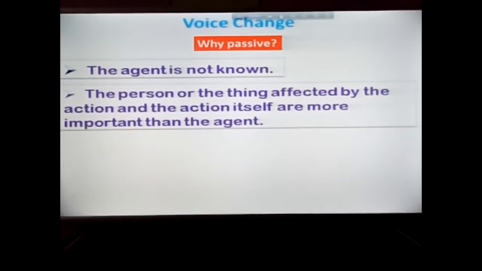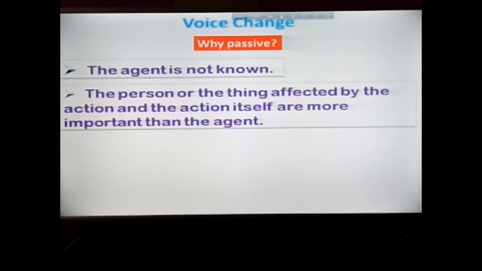Now, again, your teacher also uses a passive sentence because your teacher believes that your case, the missing money, and the action investigation are much more important to you than the person who will investigate into the matter, the agent.